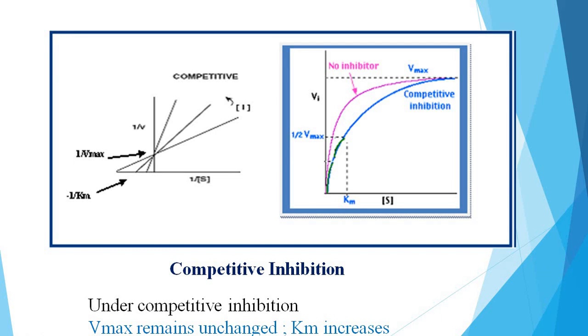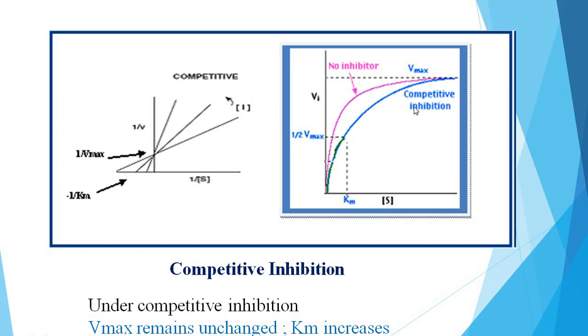As we have already discussed the factors affecting the enzyme activity, one factor is the concentration of the substrate. And we have also discussed the rectangular hyperbola we get when we plot the graph between the substrate concentration and the enzyme velocity.